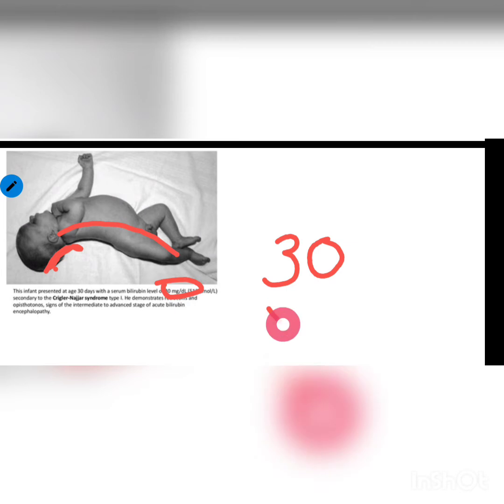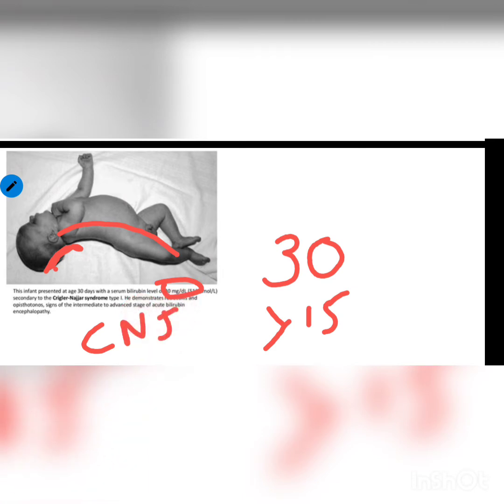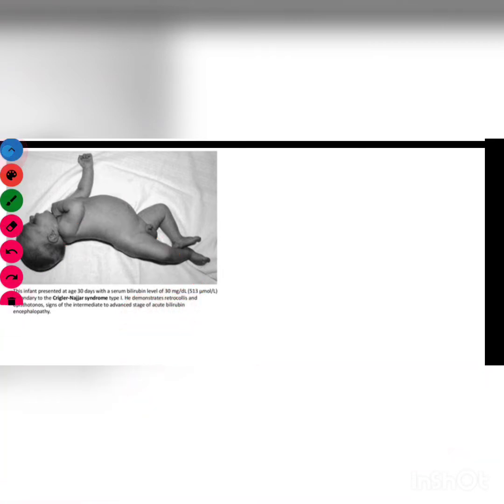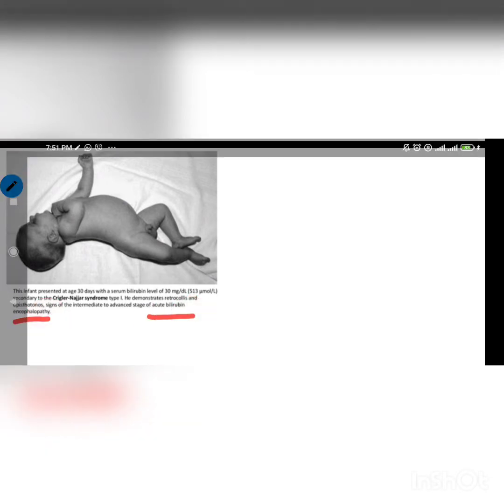Secondary to Crigler-Najjar syndrome type 1, he demonstrates retrocollis and opisthotonus, signs of the intermediate to advanced stage of acute bilirubin encephalopathy.